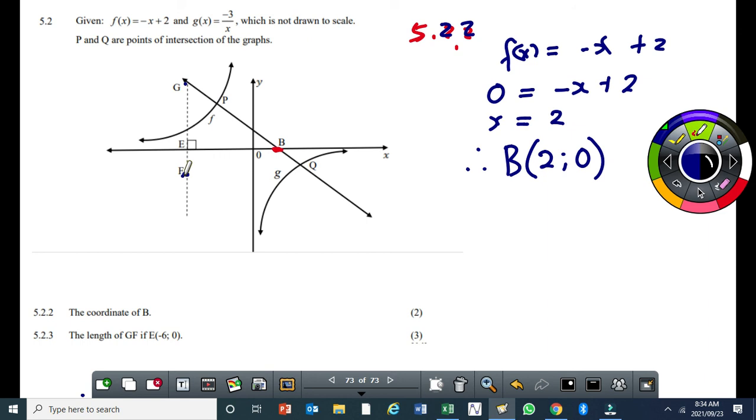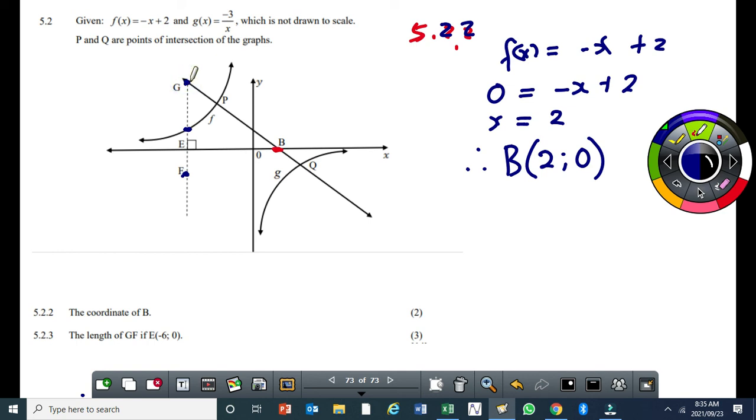Now I'm just going to show you something that I haven't done before. Can you allow me to show you something very interesting here? At this point we have the hyperbolic function, and at that point we have the linear function.